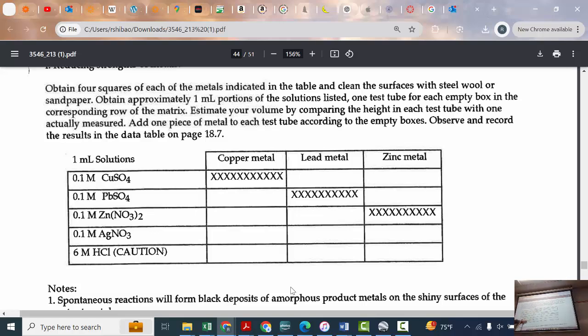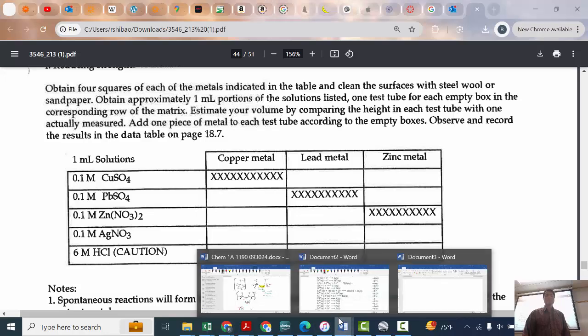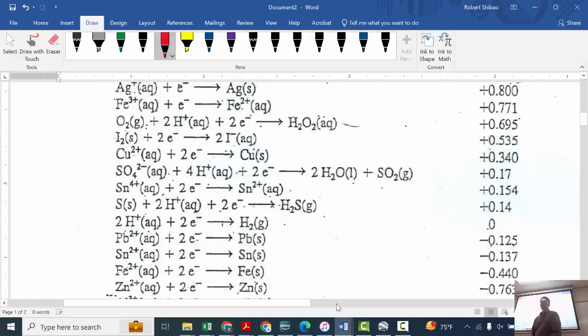Not in this test tube. That's in another test tube. This test tube only has copper 2 sulfate and zinc metal. There's no acid. If there's no acid, then it doesn't react as strongly. Nonetheless, copper 2 is stronger, and so we expect this to react.